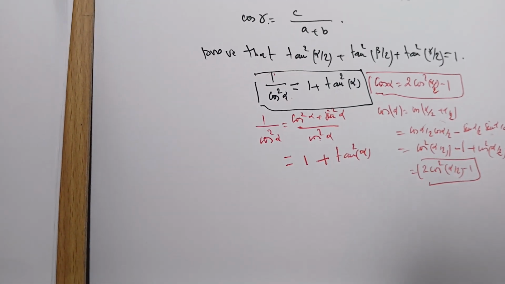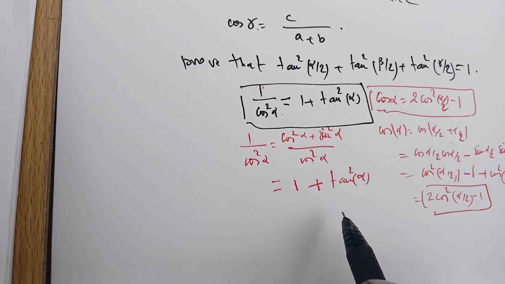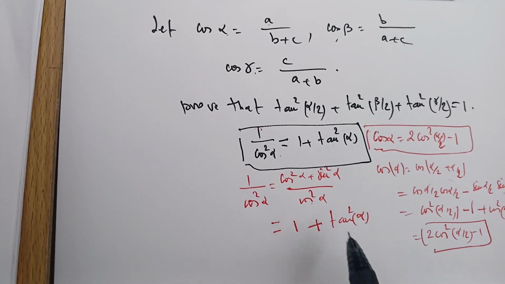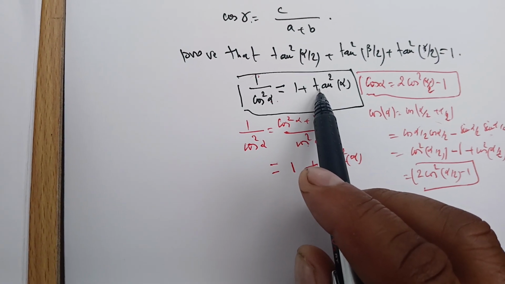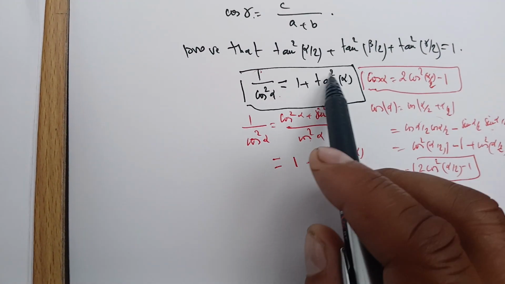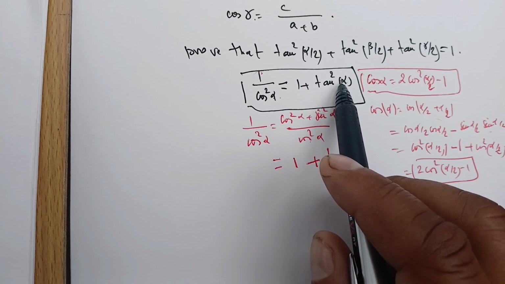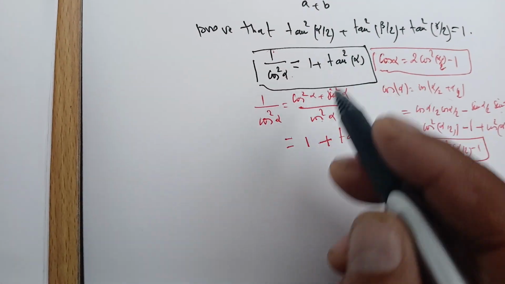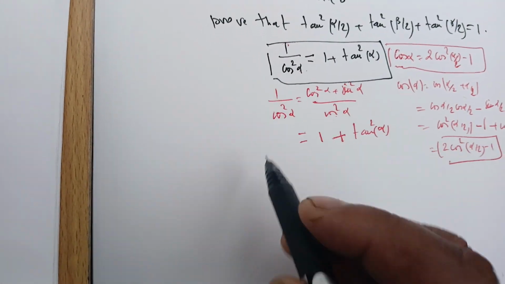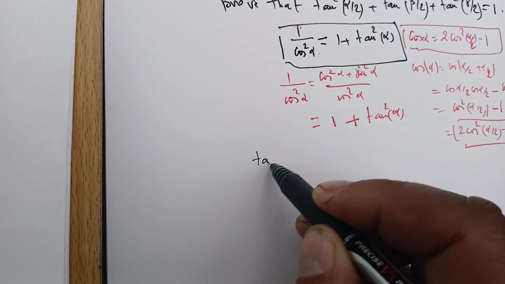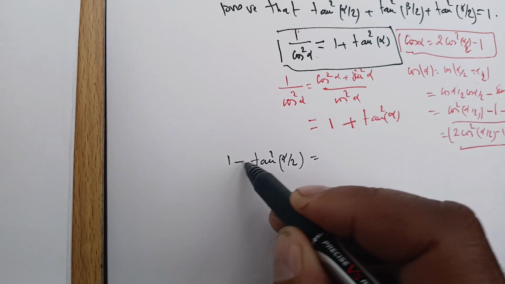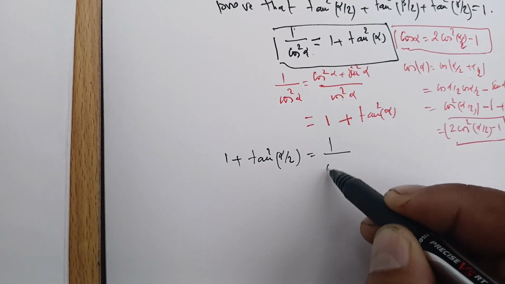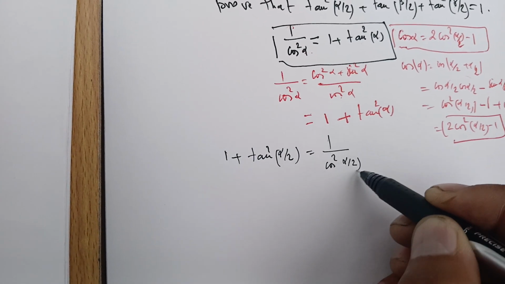Okay, so given that we have all this information, we want to solve. So the first thing that we want to do is write this one in function of alpha over 2. So once we do that, if we switch here to alpha over 2, we have tangent squared of alpha over 2, sorry, plus 1 is 1 over cosine squared of alpha over 2.